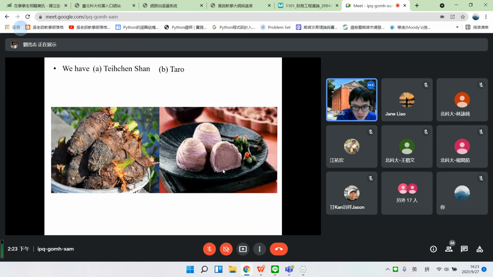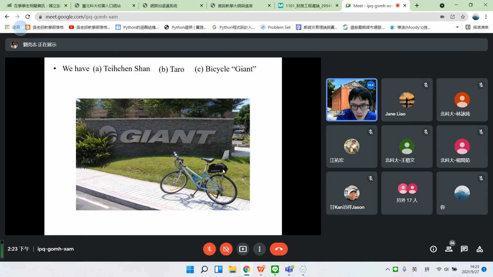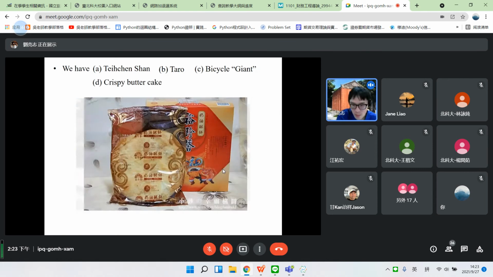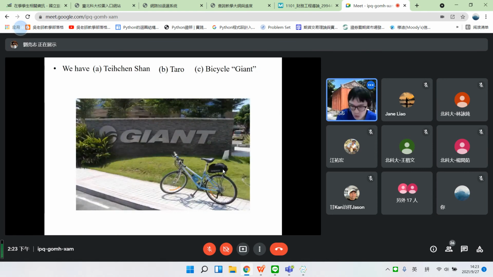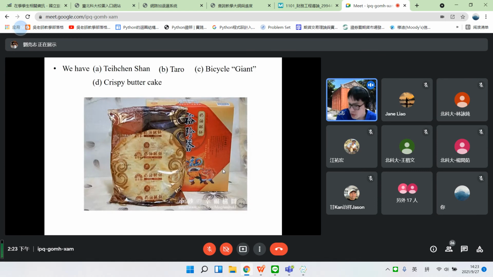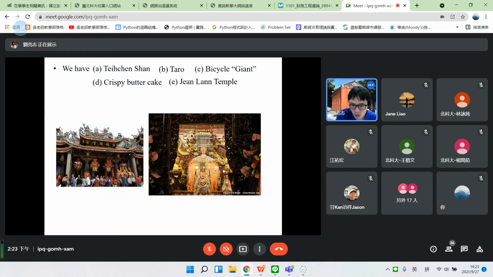Dajia is also the hometown of Giant bicycles, one of the famous bicycle brands in the world. In addition to the taro crisp, we also have crispy butter cake, and we have Zhenlan Temple, a well-known Mazu temple in Taiwan.